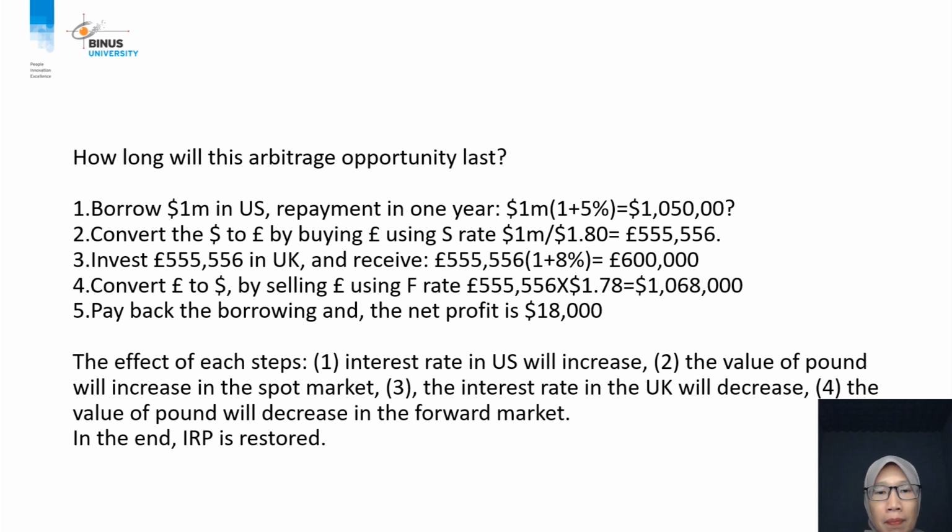Second, by buying pounds, the value of the pound will increase in the spot market. Then when you invest in the third step, the interest rate in the UK will decrease because everyone is trying to invest in the UK. And for the fourth step, when you convert your pounds to dollars by selling pounds, the value of the pound will decrease in the forward market. In the end, IRP is going to be restored.